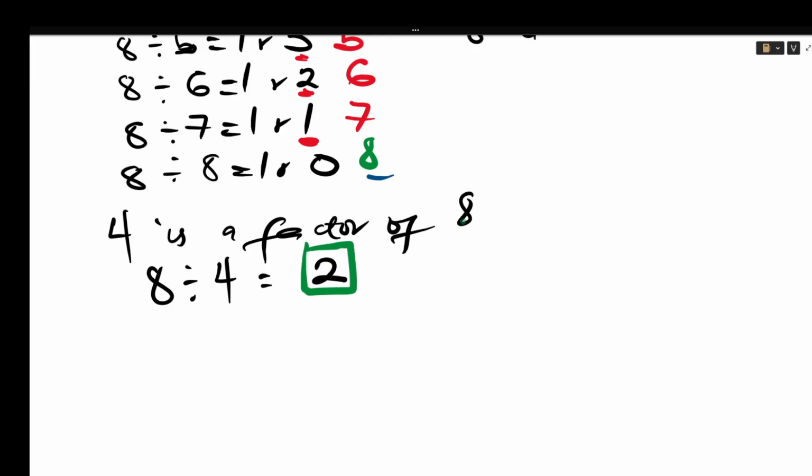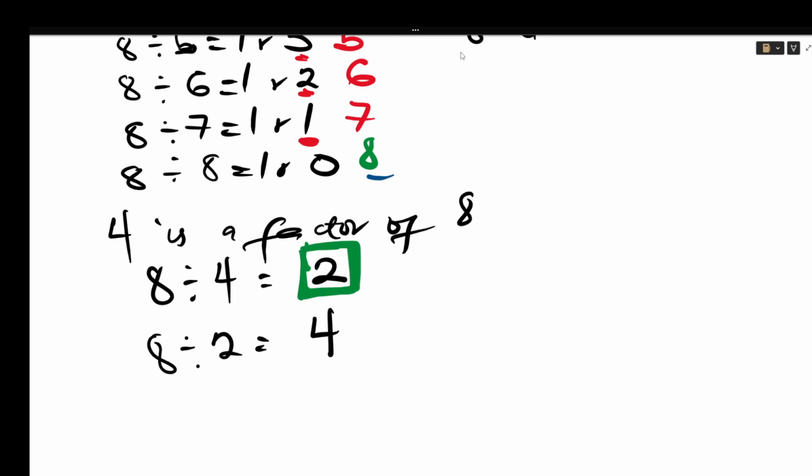That is one thing we should identify when listing the factors of a number. This 2 also is a factor of 8. Let's verify. We can verify by dividing 8 by 2, which gives us 4 without any remainder.